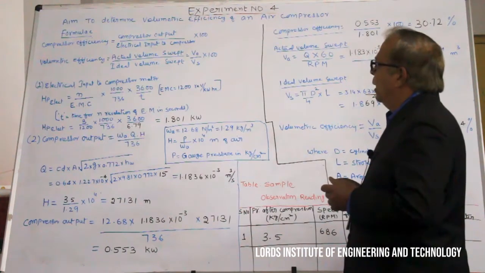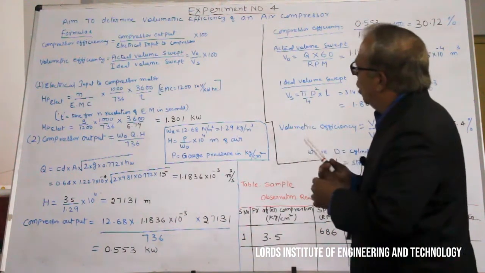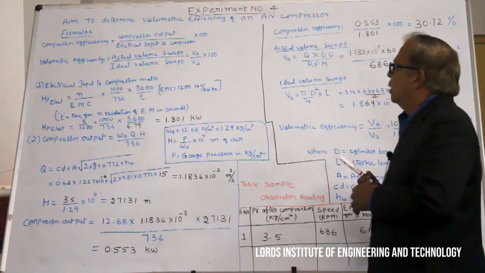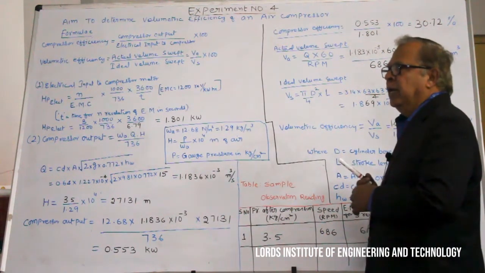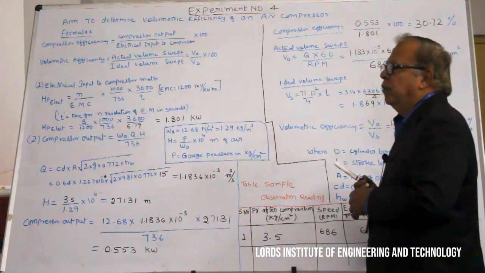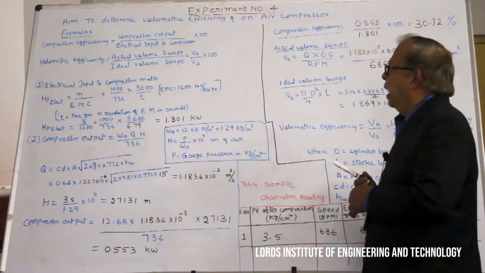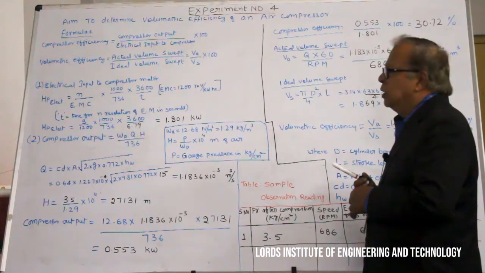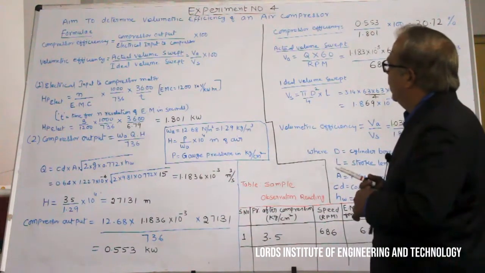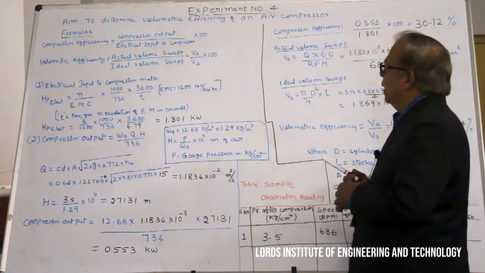Then the second part, volumetric efficiency, is actual volume swept by ideal volume swept. That is, actual volume is denoted as V suffix A and ideal volume is denoted as V suffix S. If you multiply it by 100, we get efficiency percentage.